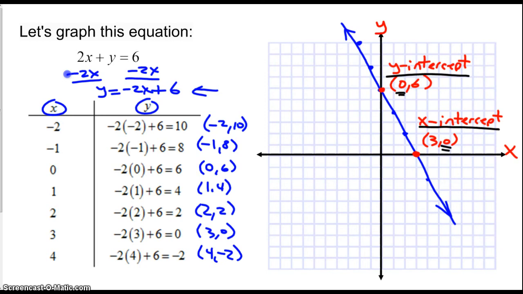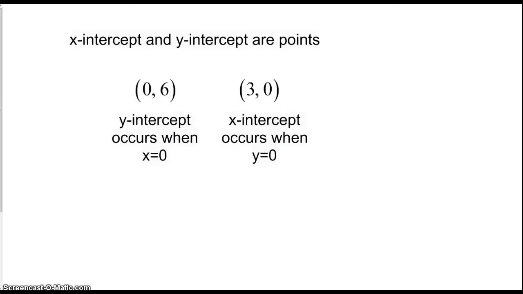So that's an important point about intercepts that we're going to use. X and y intercepts are points. They have an x-coordinate and a y-coordinate. So the y-intercept, which in this case was 0, 6, always occurs when x is 0. And the x-intercept always occurs when y is 0. So it has a 0 for its y, and then a number like 3 for its x value. Okay, so 2 points here.